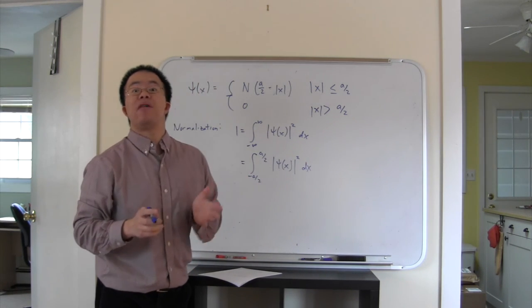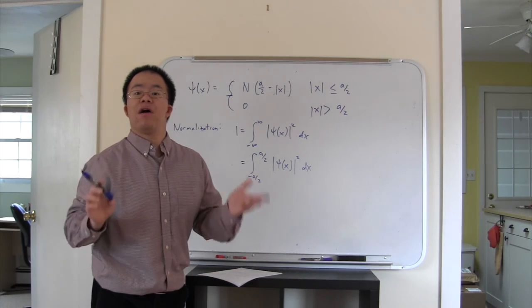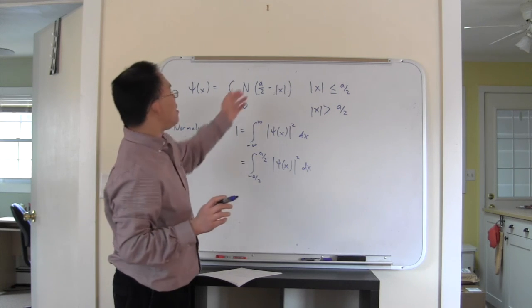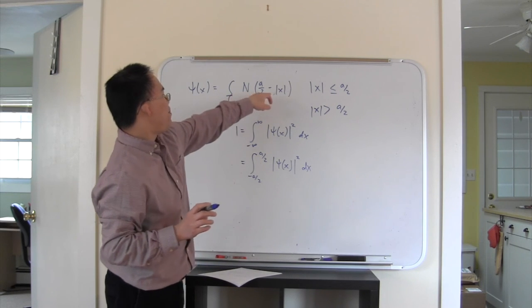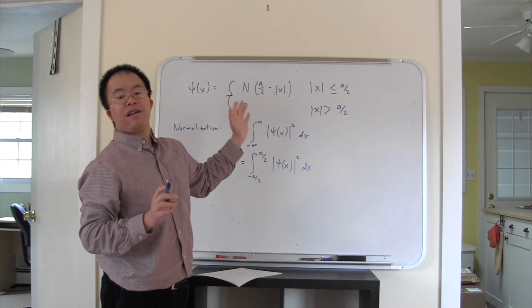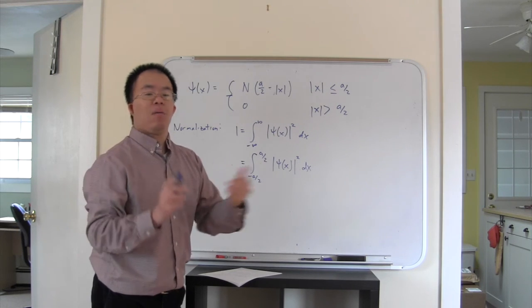But this is where we can take advantage of the evenness of the probability density. And that's actually really nice because the form of the function is going to be different for positive x and negative x. So it's nice to only have to deal with one side here.